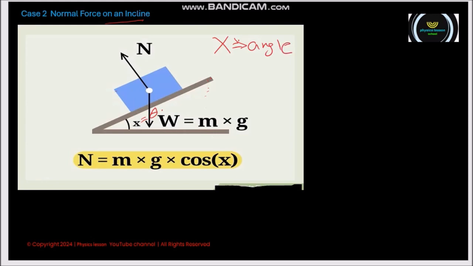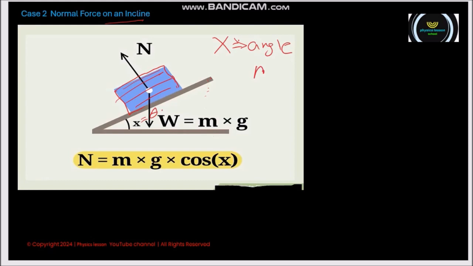This object is on the surface of the inclined plane, and in this case the normal force is not equal to mg.